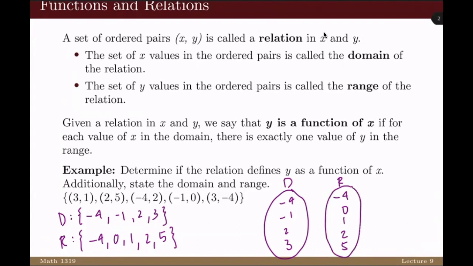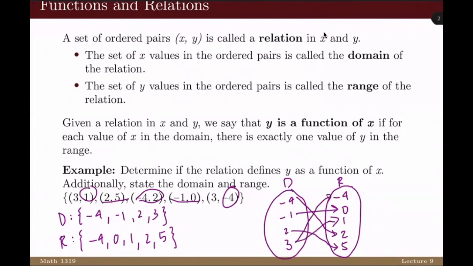All right. And then according to our ordered pairs, -4 is going with 2. And then -1 is going with 0. And 2 is going with 5. And then 3 goes to both -4 and to 1.